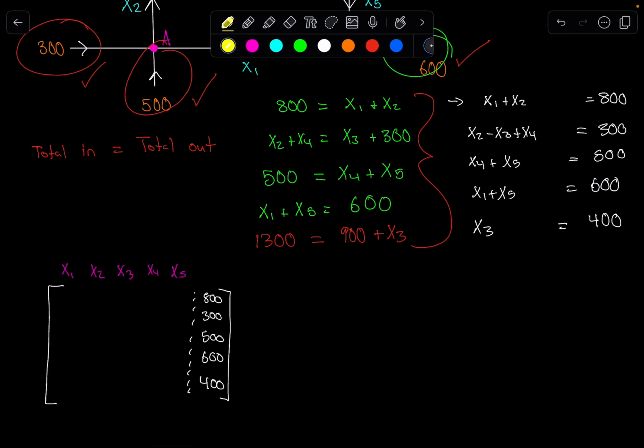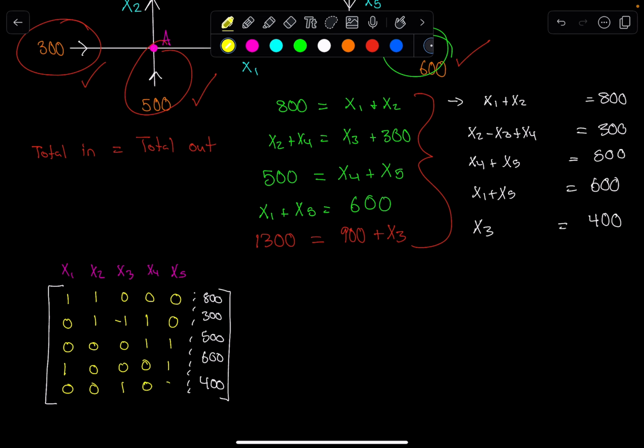So if we pop everything in, we're going to have 1 x1 and 1 x2 and then 0, 0, 0. We're going to have 0x1, 1x2, minus 1x3, 1x4, then 0x5. We're going to have 0, 0, 0, 1x4, 1x5. We have 1x1, 0, 0, 0, 1x5, then 0, 0, 1, 0, 0 here.